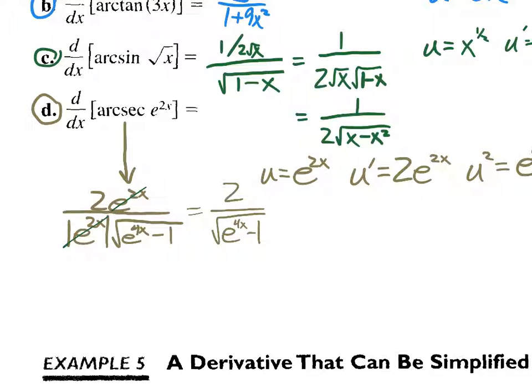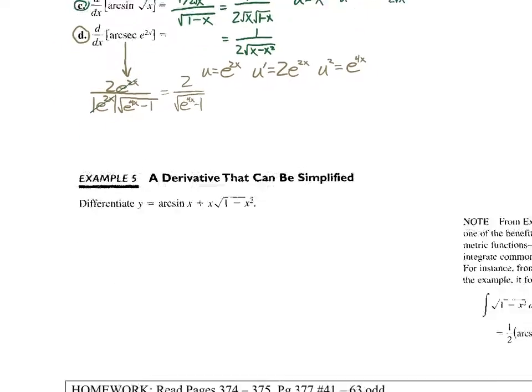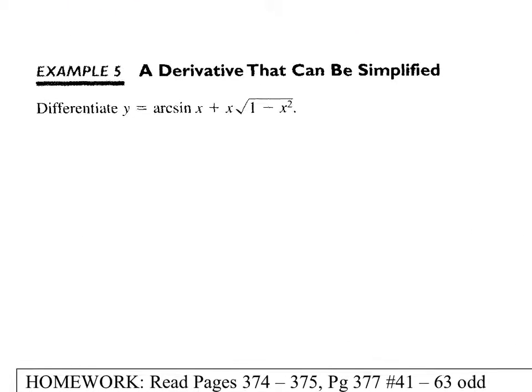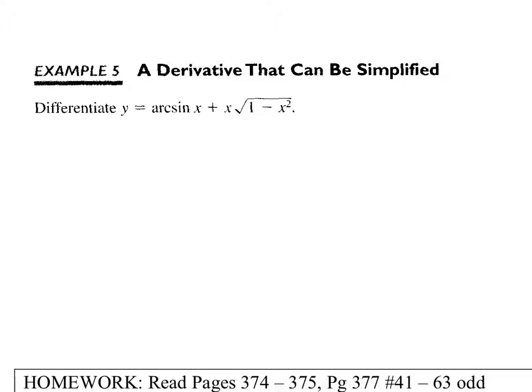Alright, any questions on using these rules? Okay, this is just a basic application of the rules, but I want to make sure everyone is understanding what we're doing here. Okay, we got it? Alright, so the last example I want to look at is one where initially it's relatively easy, but then we want to simplify it quite a bit so that we can see how these can be useful in finding antiderivatives of certain functions.